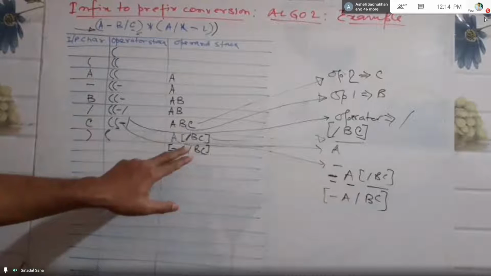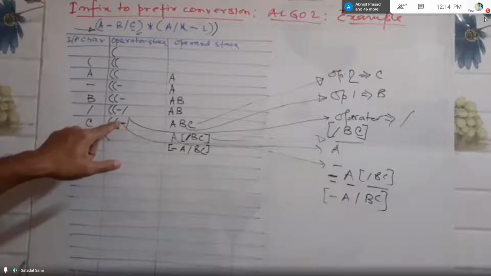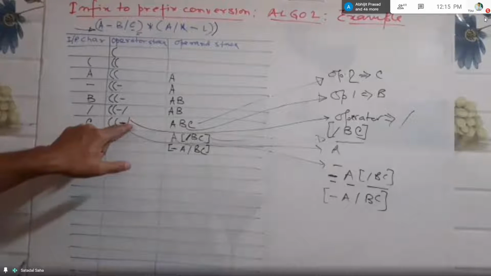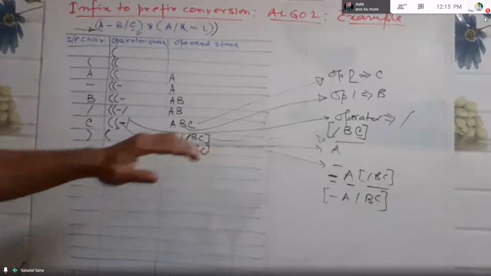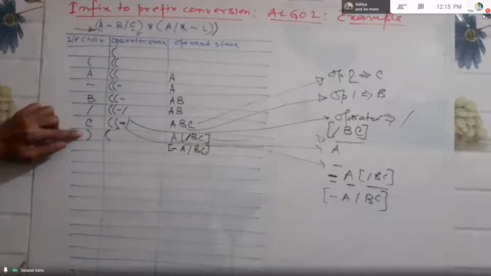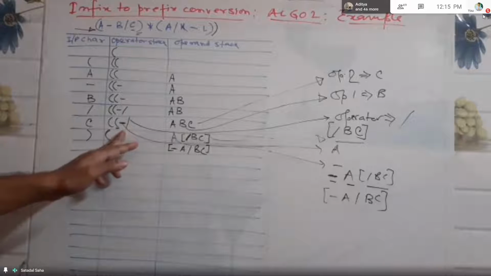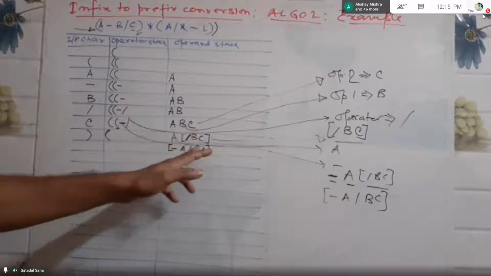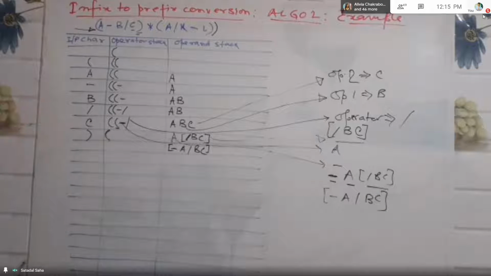So this is a two-step process because there are two operators there. So for first operator, output is this one. For second operator, your output is this one. It is the final output. So once you face this closing brace, you have to proceed from right to left. You pop these operators and you pop these operands and follow this concatenation, push it into the operand stack, and this is the final step after this closing brace.